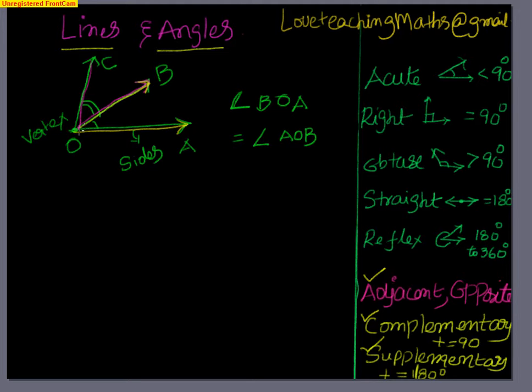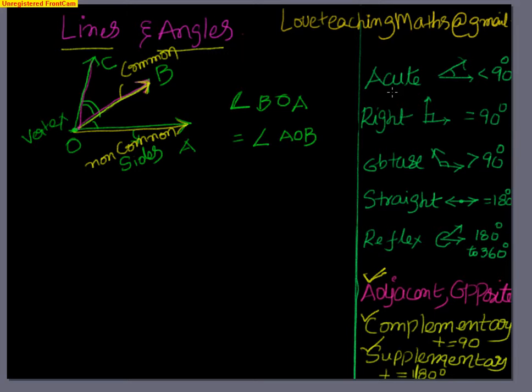You see that OB is common, so we call that the common side, and these two are called, in this scenario, non-common sides. So that's fundamentally about the angle and how you denote the angle, right? So we have seen the adjacent angles.